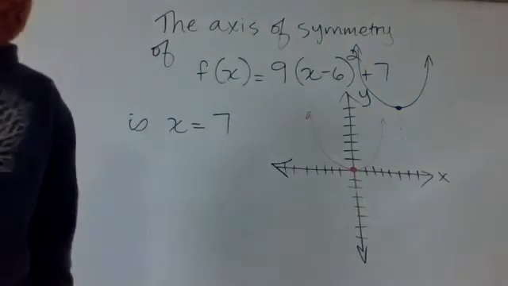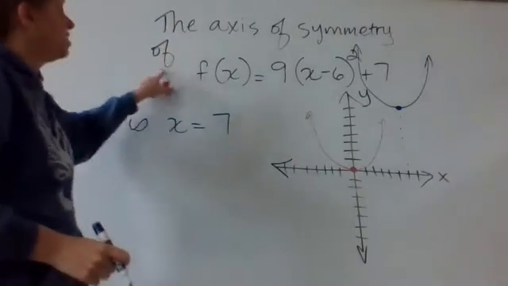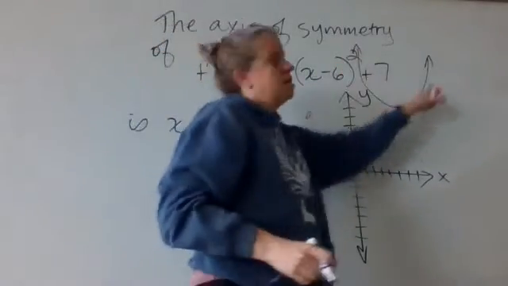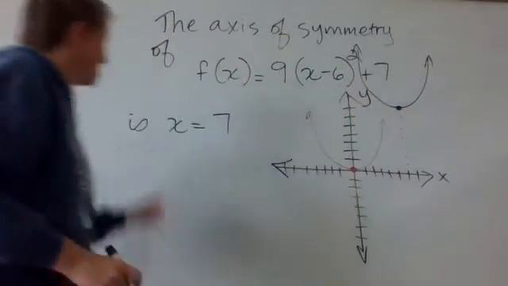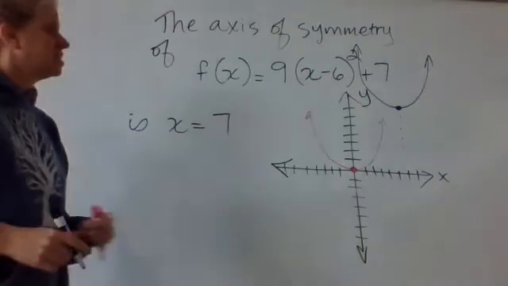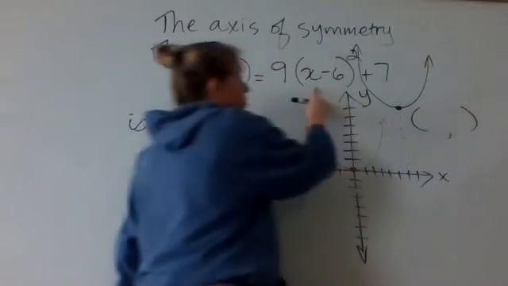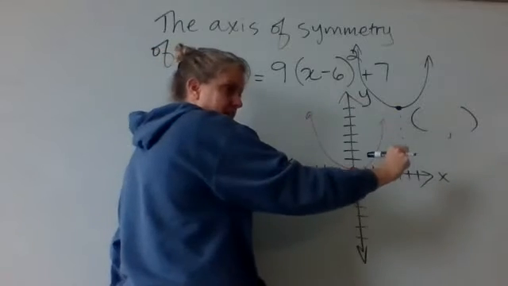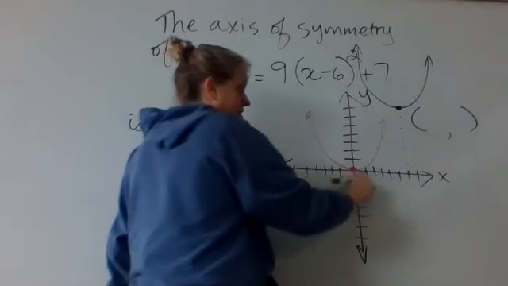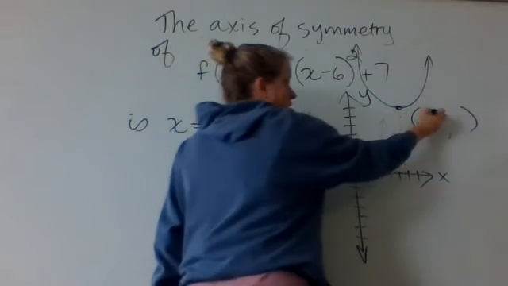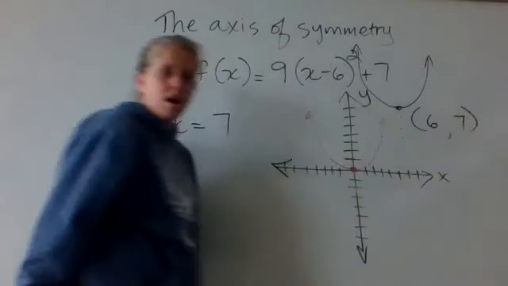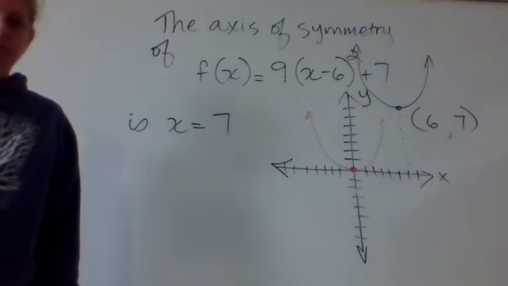So here's what the question is. It says the axis of symmetry of this parabola is at x equals 7. Well, where did we just move the vertex to? If we went right 6, up 7, that's where our vertex is.